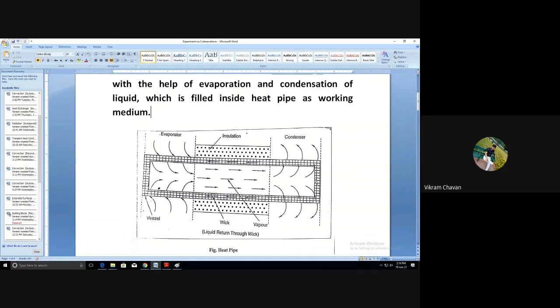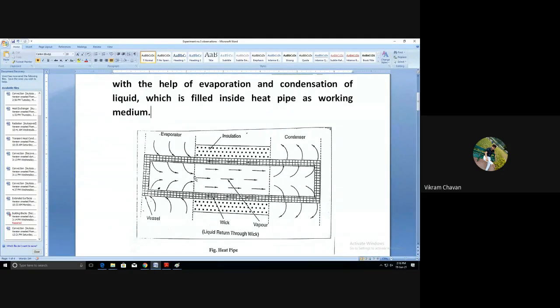And if you raise the evaporative section above the location of the condenser section, then we will get lower efficiency of the heat pipe, and that tilt is called an adverse tilt. So that is about the theory part.